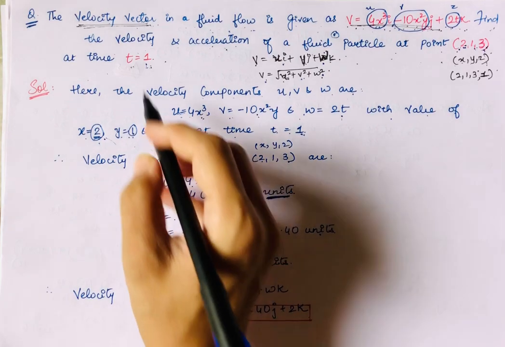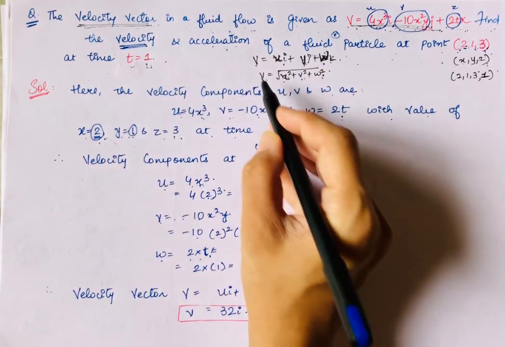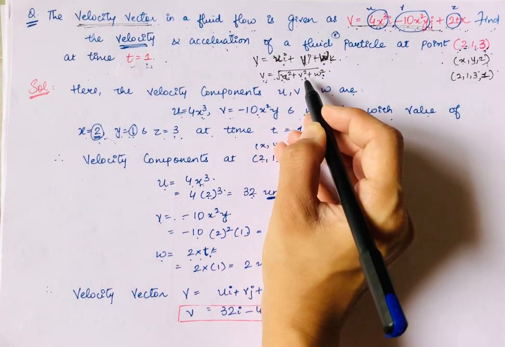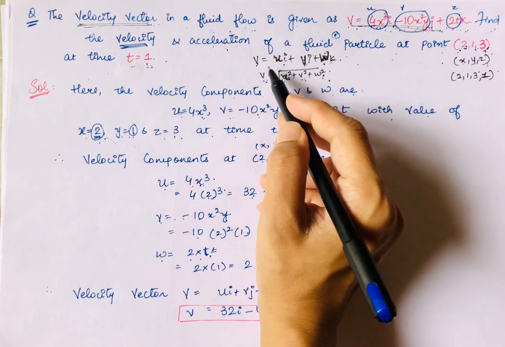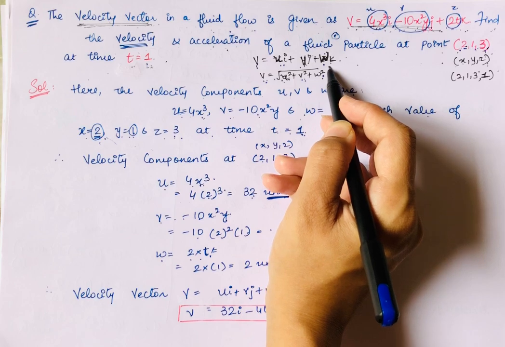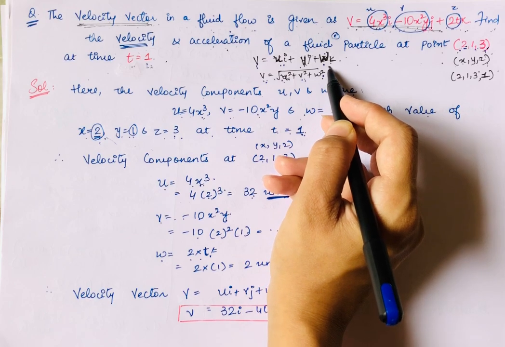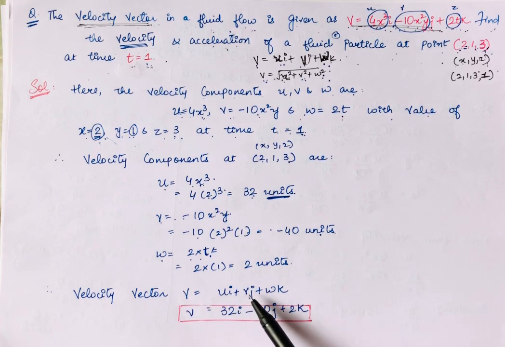Now we need to find out the value of velocity V, which is the square root of u² + v² + w², and in the vector form it will be ui + vj + wk, that is 32i − 40j + 2k.